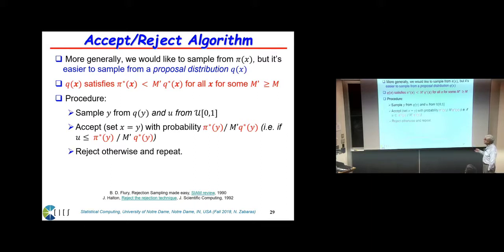Obviously, many samples are wasted. But if Q of Y is a Gaussian, it's very cheap to sample, so wasting a few samples from a Gaussian is not a big deal. If those samples were coming directly from pi and you reject them, and evaluating even pi is expensive, then you have an issue.